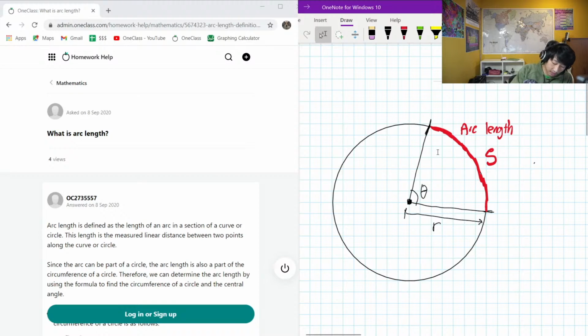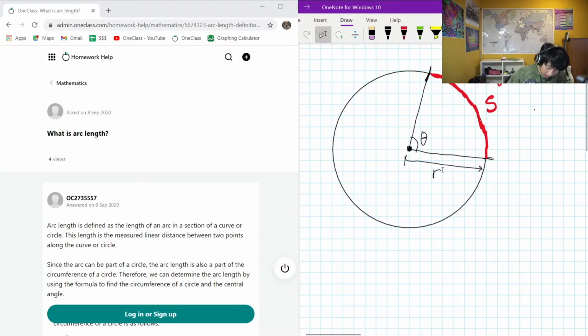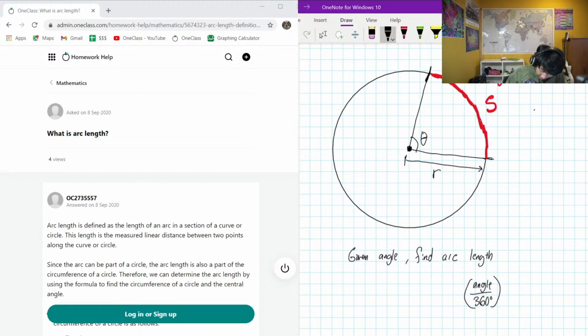Well, to calculate that, given an angle, find the arc length, you would just do angle over 360 degrees multiplied by 2 times pi times radius. Okay, so this would be your S of theta.